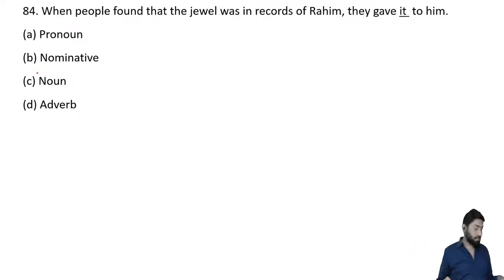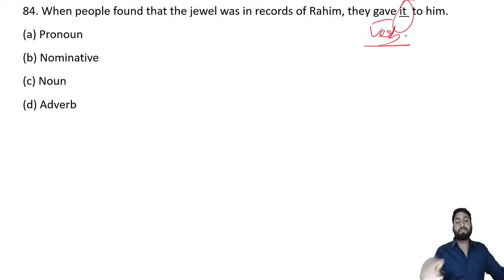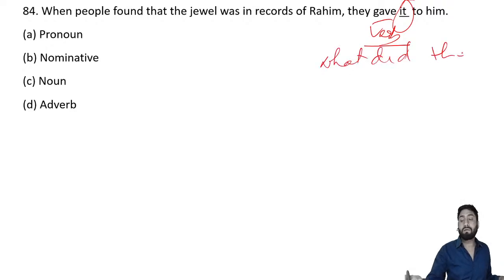Next. So when people found that the jewels were in the records of Rahim, they gave it to him. They gave it to him. Now 84, right? So आजा देखते हैं. So it की बात कर रहे हैं, gave verb है. So verb के बाद it will be, what did they give? What did they give? You get the answer, right?